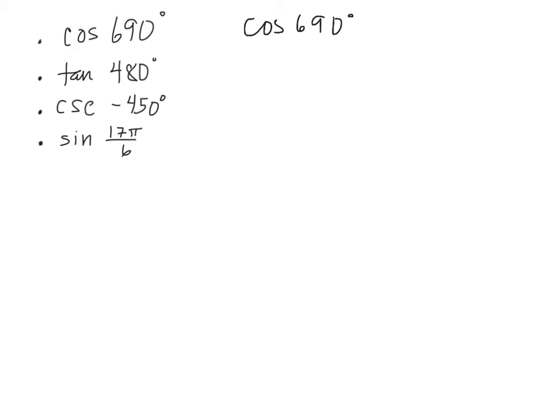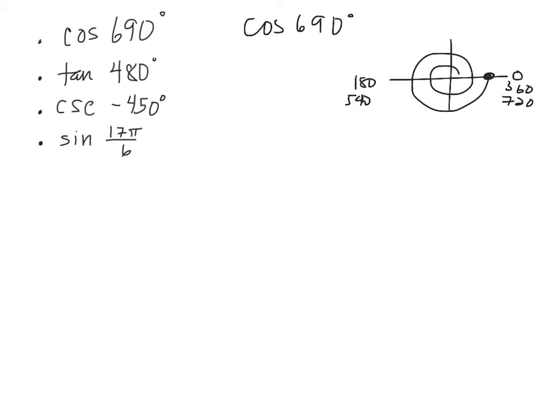Well, 180, and 360, and if you add 180 again, you get 540, you add 180, you get 720. So the distance between 720 and 690 is 30 degrees. So this is the same thing as cosine of 30 degrees. And if we use our chart, cosine of 30 is square root of 3 over 2.